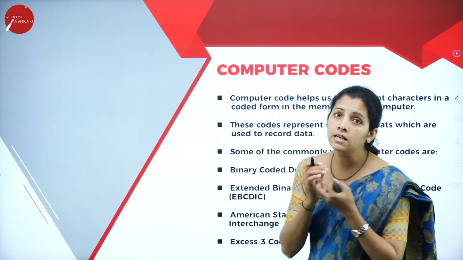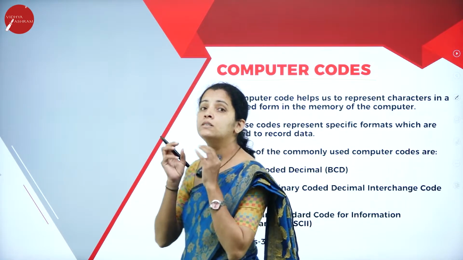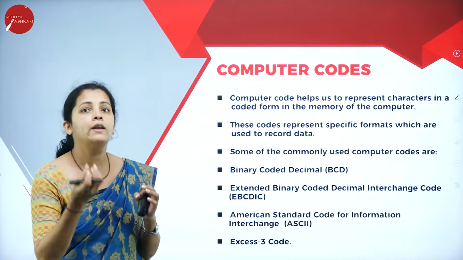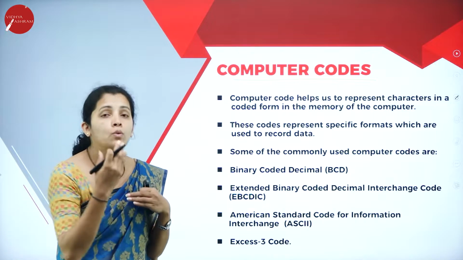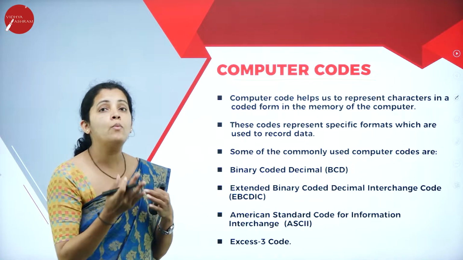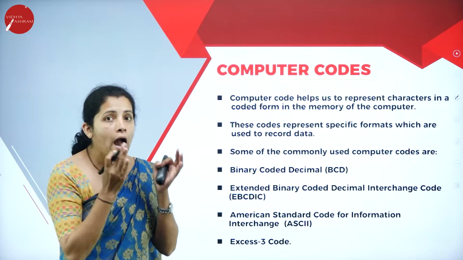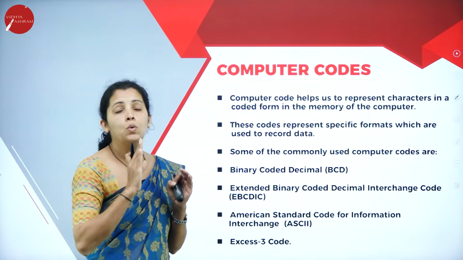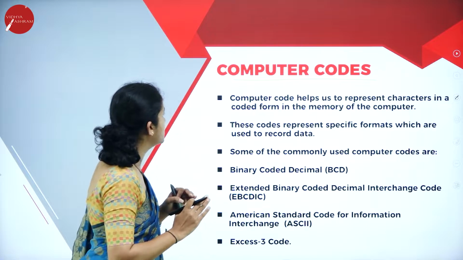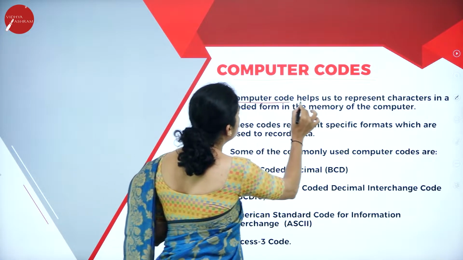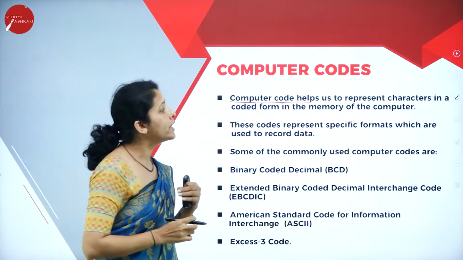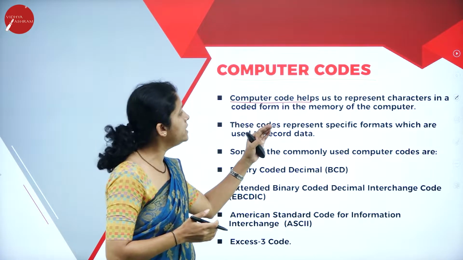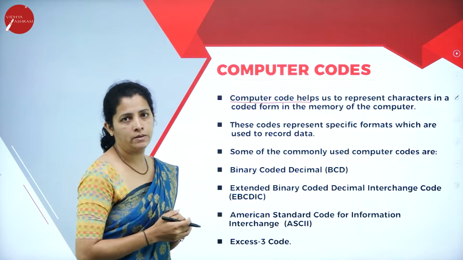If I consider a computer system, computers are able to understand only instructions, and whatever instruction we provide is in the form of commands. The computers are able to understand only machine language. So here computer code helps us to represent characters in a coded form in the memory of the computer.